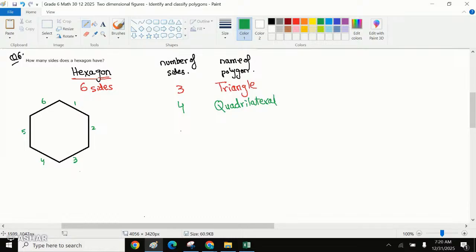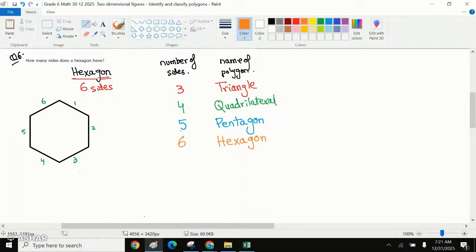If there are 5 sides, it's known as a pentagon. If there are 6 sides, it's known as a hexagon. Hexa is always 6. Penta is 5. Hexa is 6.